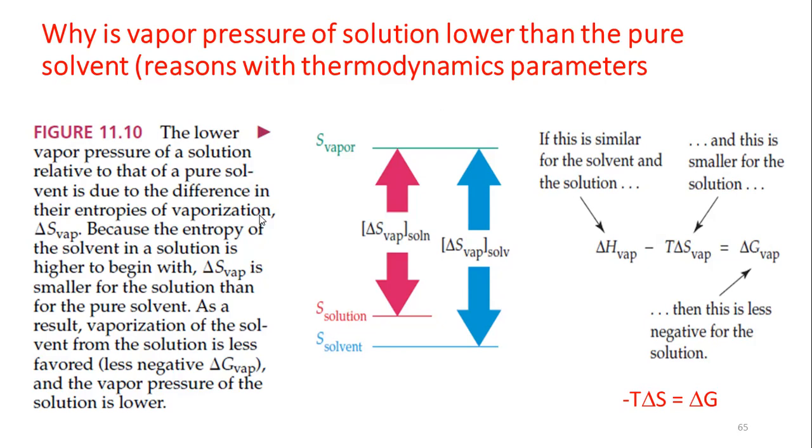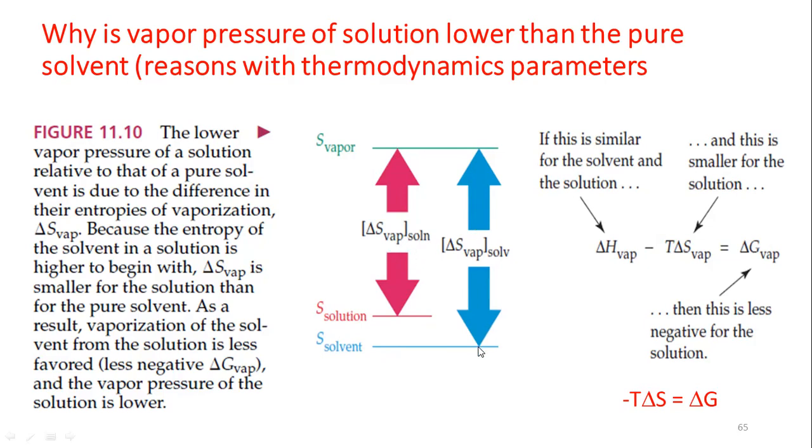So what would be the difference in the free energy? There are two ways: the pure solvent will evaporate or the solution will evaporate. The difference between the entropy of the vapor and the solution is called the change in entropy of the solution.